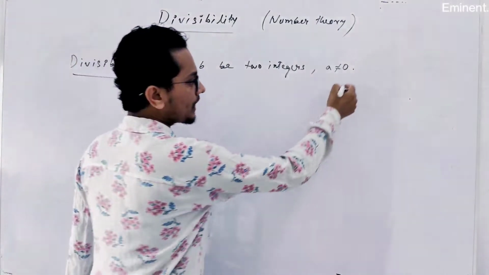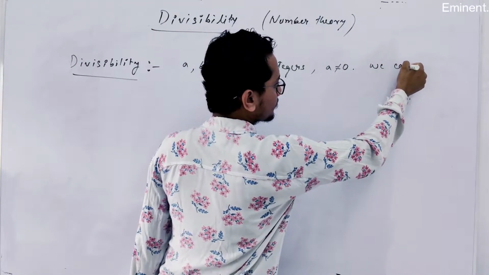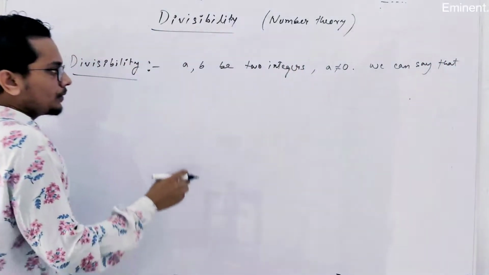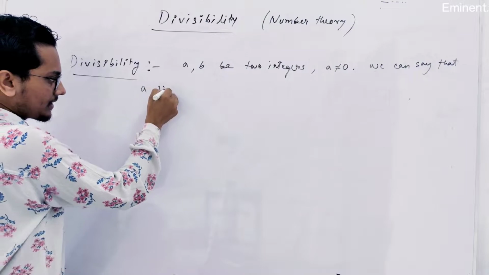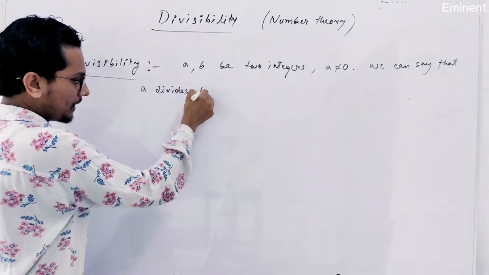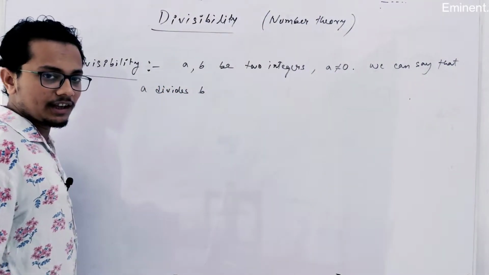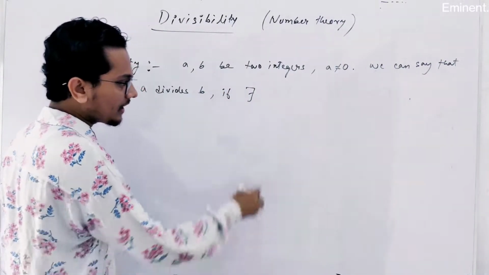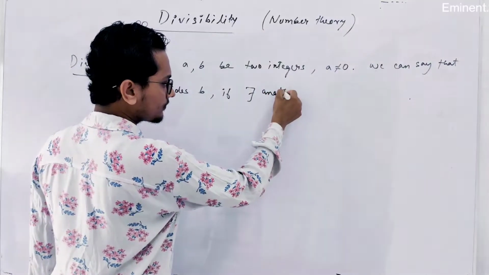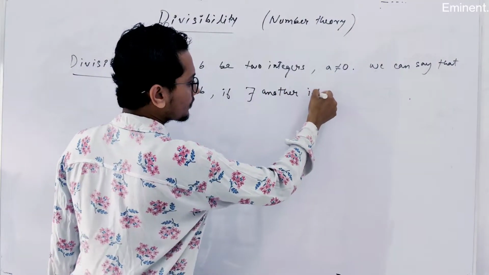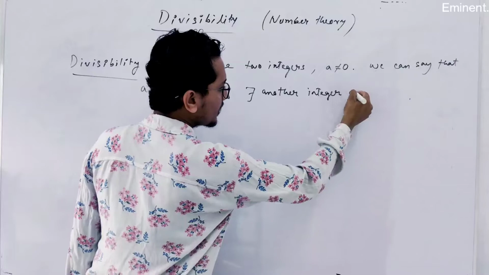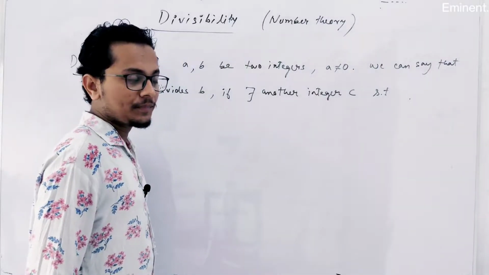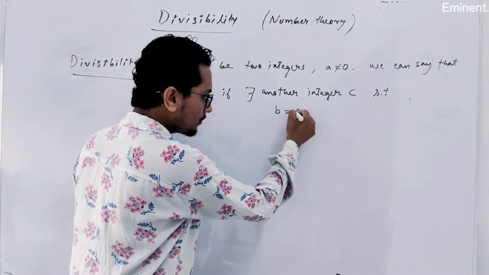Okay, then we can say that a divides b. There is a condition if there exists another integer c such that b equals to ac.